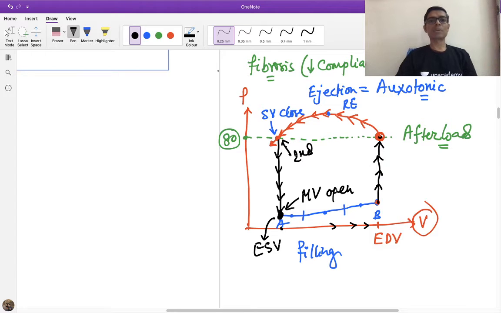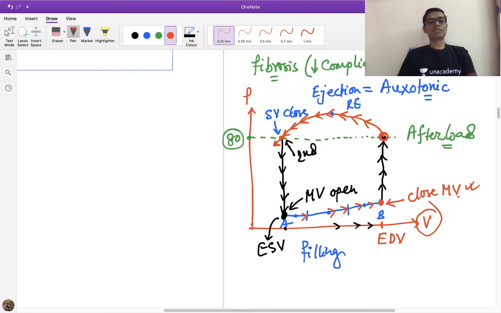Whenever there is opening of the mitral valve, we know there will be the start of ventricular filling again, and we are reaching the end of ventricular filling. So the ventricle will start contraction. Whenever the ventricle starts contraction, there will be closure of the mitral valve or atrioventricular valves, right? So this is the point where the first heart sound will occur.